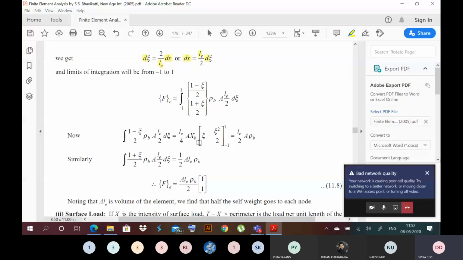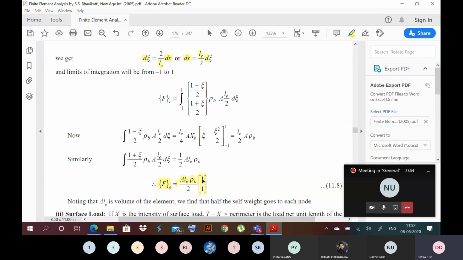So after the integration, Fe will be equal to A le rho by 2 into 1, 1. Actually A into le into rho is nothing but the total weight of the element, isn't it? le is the length of the element and A is the cross section, so A le is the volume, and volume into unit weight gives the total weight of the element.